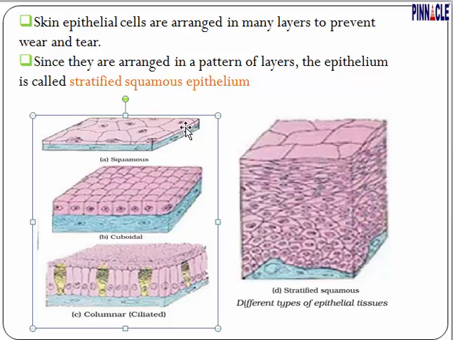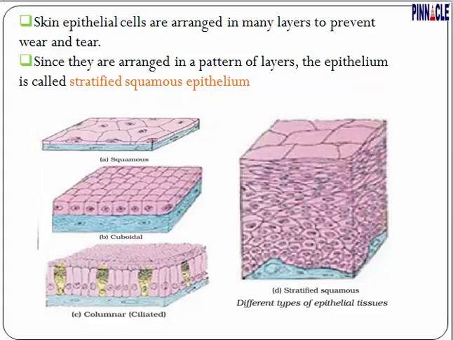This is the thin, flat structure of squamous epithelium. Skin epithelium cells are arranged in many layers to prevent wear and tear. Since they are arranged in a pattern of layers, the epithelium is called stratified squamous epithelium.